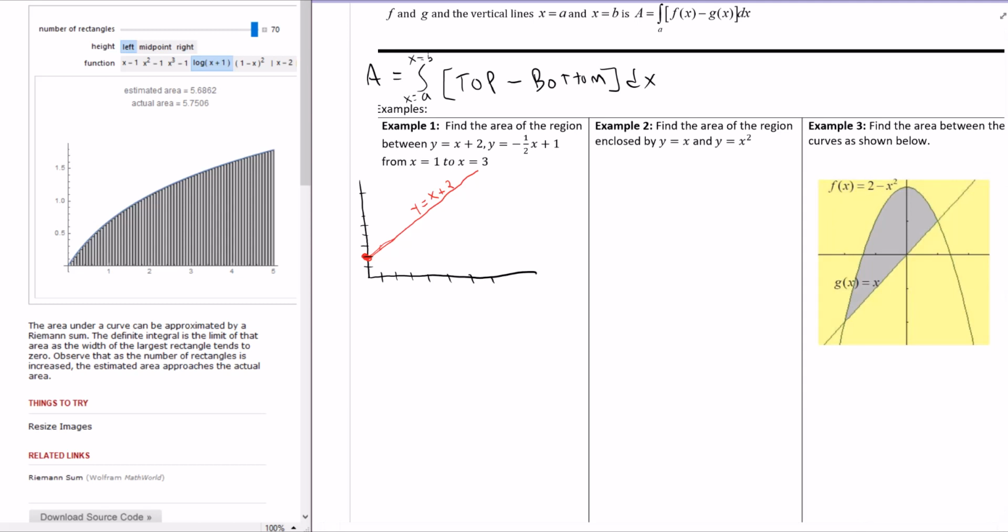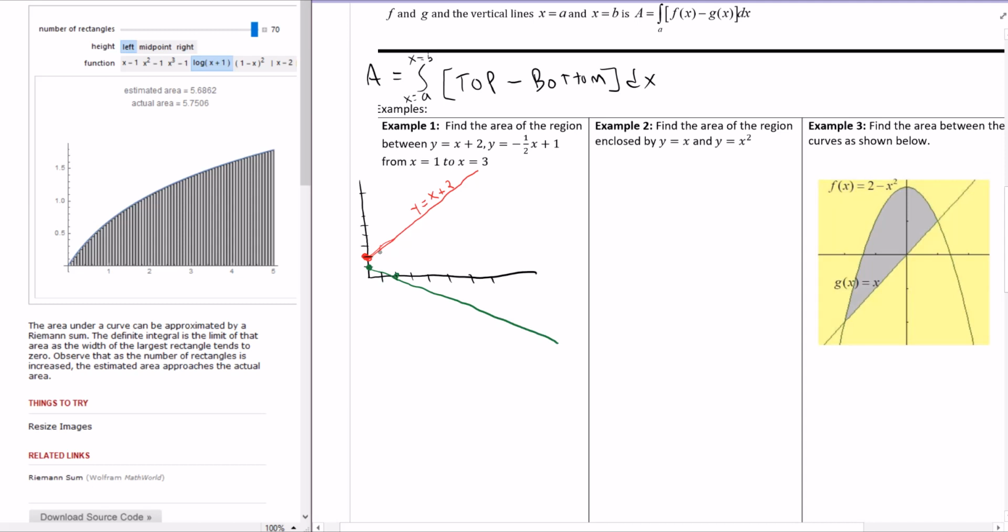And y equals negative 1/2 x plus 1 starts at 1 and has a slope of negative 1/2, so this one looks like this. And we want to know from x equals 1 to x equals 2.